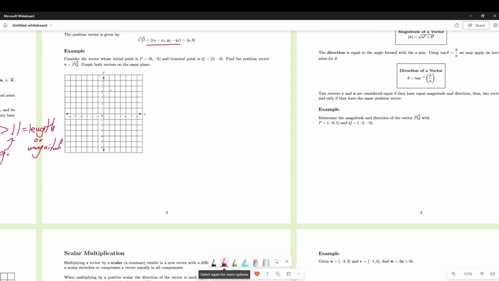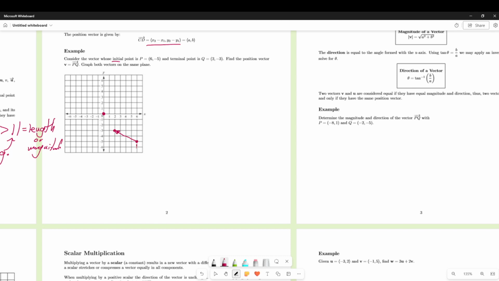If we have a point at (6, -5), so I'm going to plot that here, down here, and that's an initial point, and then a terminal point at (2, -3). So notice this vector is going in that direction. And I want to find the position vector. Well, essentially, we're going to pick this vector up, put its initial point at the origin, and then I want to go the same direction for the same length.